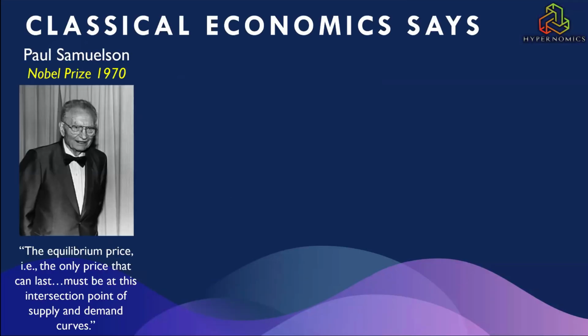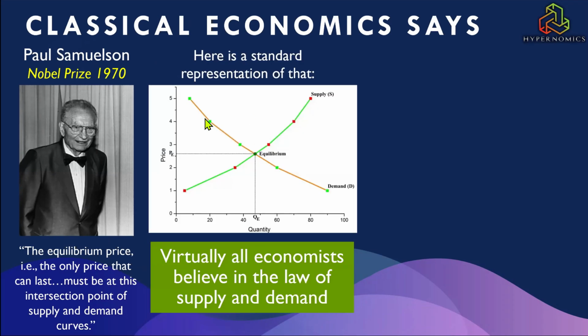So classical economics, some of you may have heard of the law of supply and demand, and Paul Samuelson said that the equilibrium point must be at the intersection of the supply and demand curves. What he means by that is that there's an upward sloping supply curve and a downward sloping demand curve, and that they have a single equilibrium point somewhere in the middle.